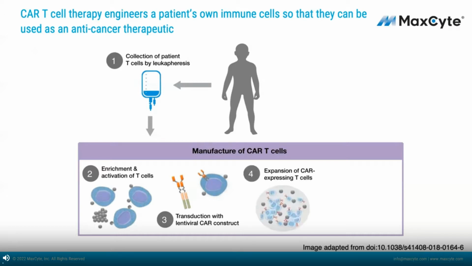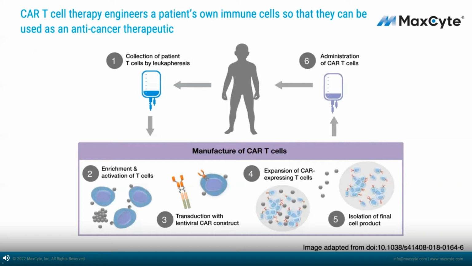Now, once you have stably introduced this CAR construct into the patient T cells, historically done using lentivirus, you can then expand these CAR T cells to hundreds of millions and billions of cells, and then isolate the final product, purify it, and dose it back into the patient.